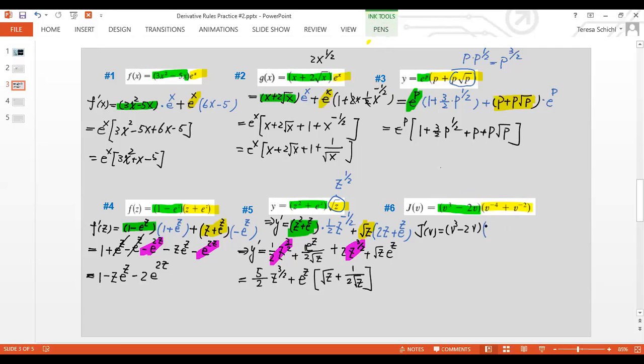Okay, so what is the second one here? So it's v to the -4, right? So this will be -4, so this will be -5 v to the -5. And then here, this will be plus -2, so it becomes -2 v to the -3, right?